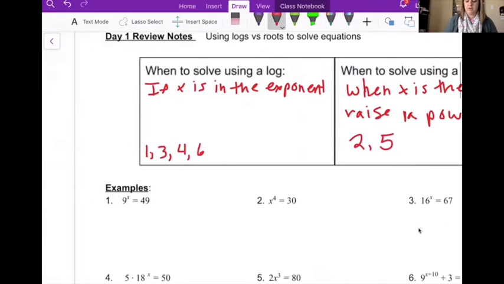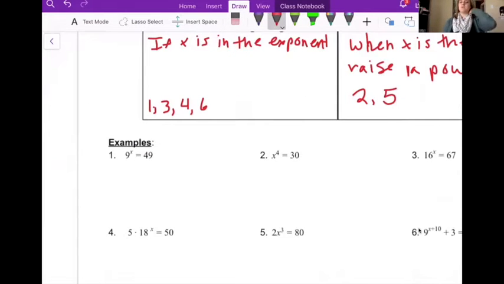And so as a refresher, for example 1, we first want to switch this exponential equation into a logarithm. The base of this exponential is 9, so that's still going to be the base of our logarithm. So this is going to be log base 9 of 49 equals x.